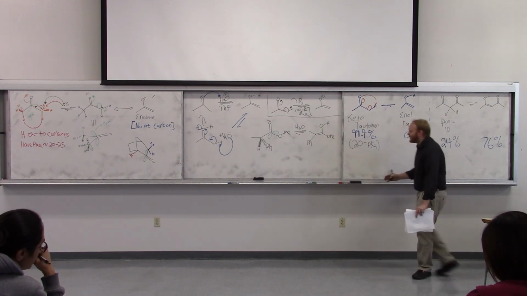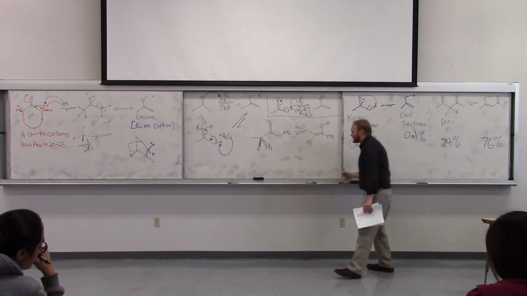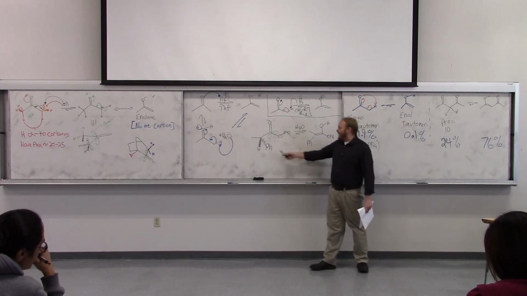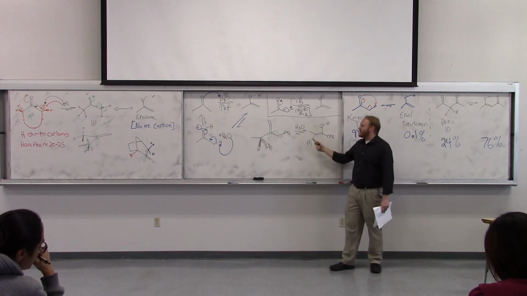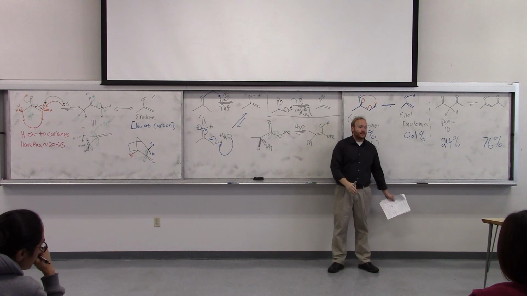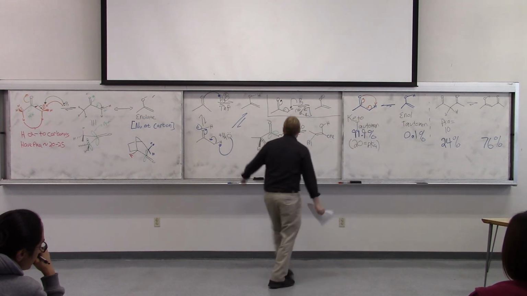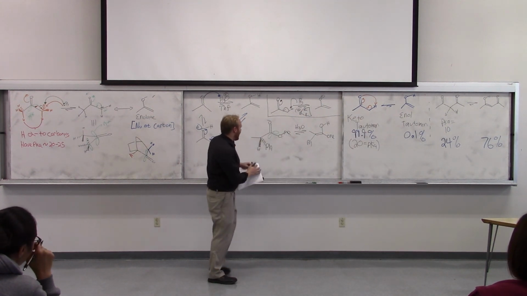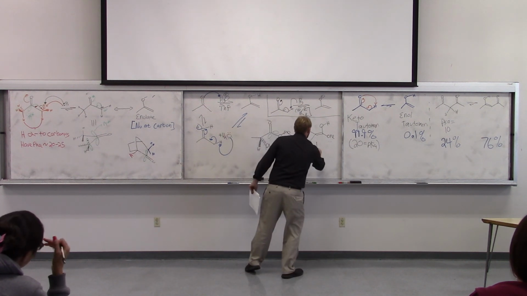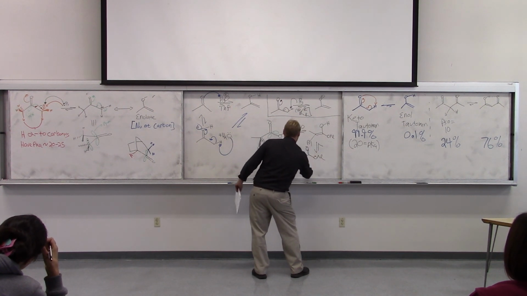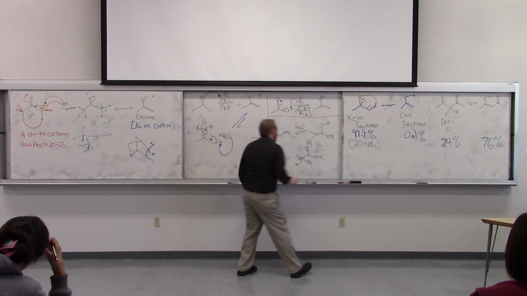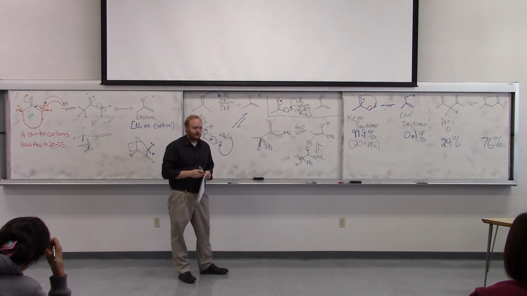And so basically, what I'm trying to say is, when you treat a chiral alpha hydrogen to acid or base, you lose your stereochemistry. So you can take a perfectly nice chiral compound and actually get out a mixture of enantiomers.